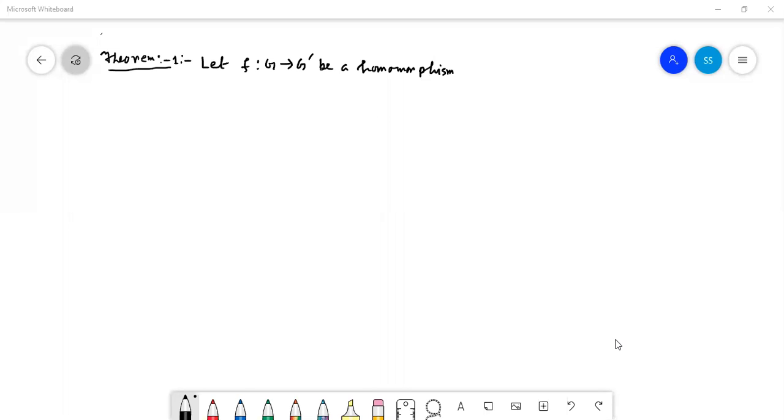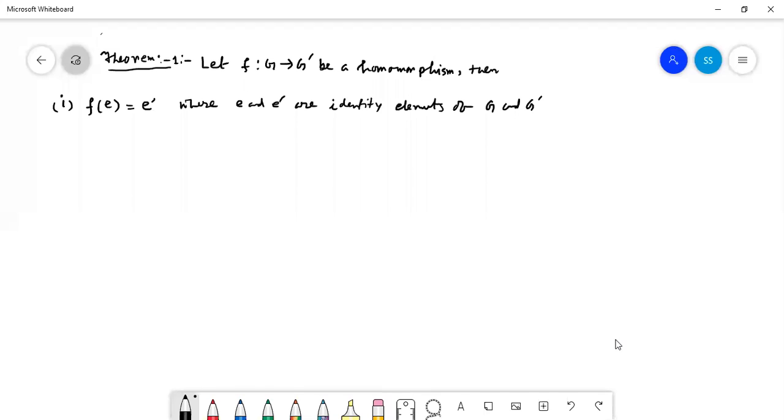Then, number 1, f of e, the identity element of G, is equal to e dash, where e and e dash are the identity elements of G and G dash.